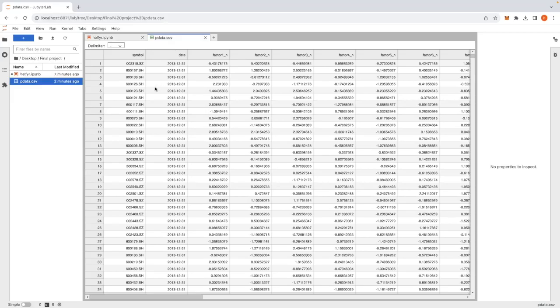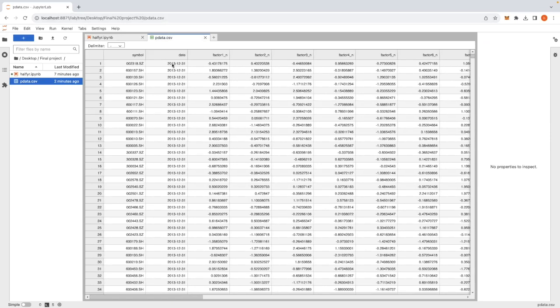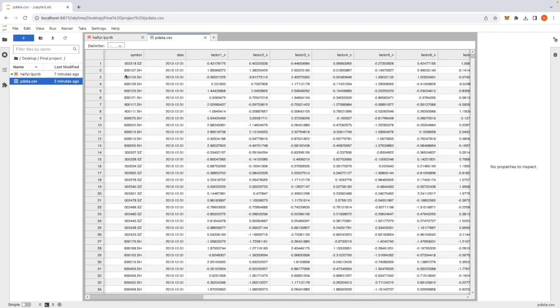I want to introduce how I analyze the factors of stocks in China. I have the stocks data from 2013 till now, and that's the whole market. Every single stock and every single day was recorded in this data set.